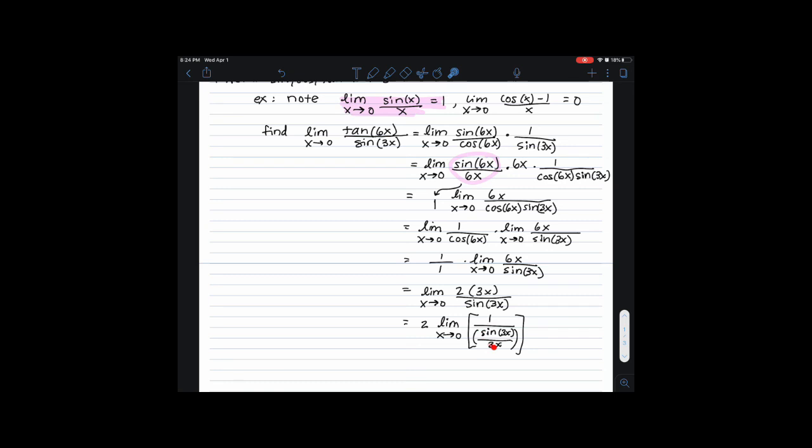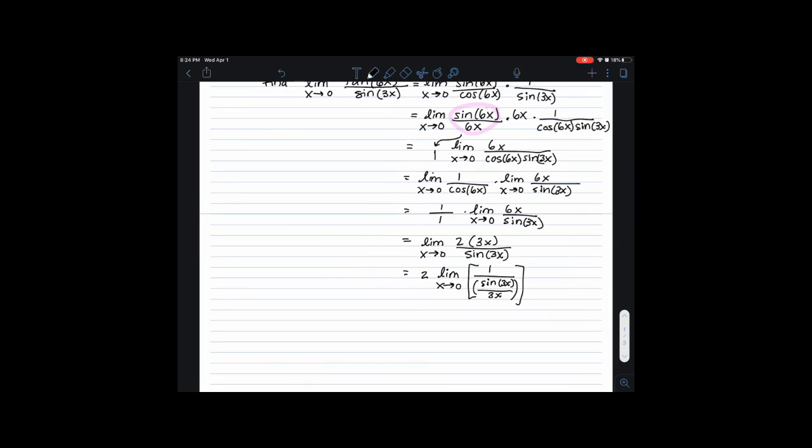Because if we divide 1 by a fraction, it's just that same fraction flipped upside down, if you know your fraction multiplication. So then we have 2 times the limit as x goes to 0 of 1 over the limit as x goes to 0 of sine of 3x over 3x.